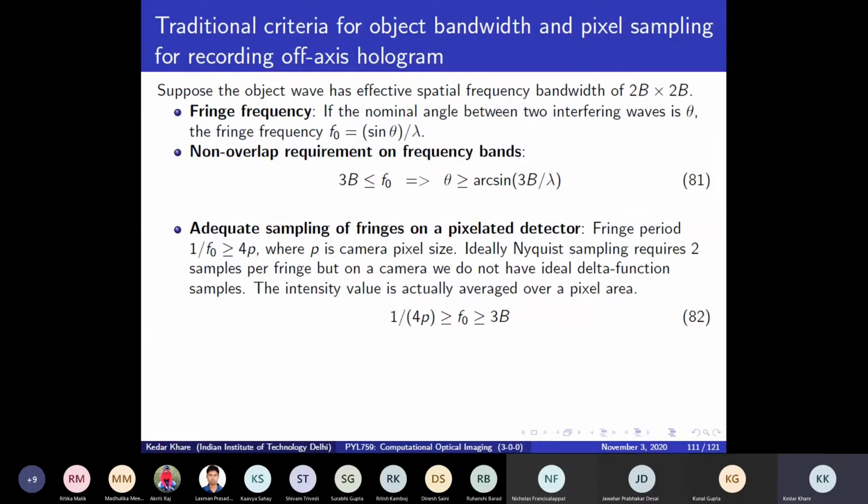Otherwise, if you try to plot the sinusoid by going across the fringes, it will not look like a very good sinusoid. So at least 4 pixels, as a thumb rule, is required.